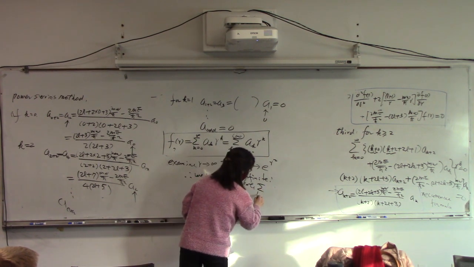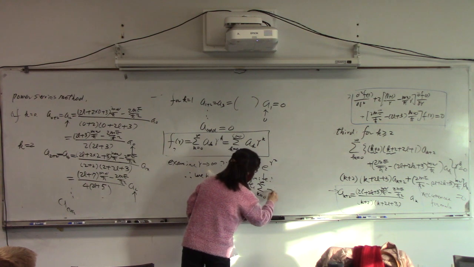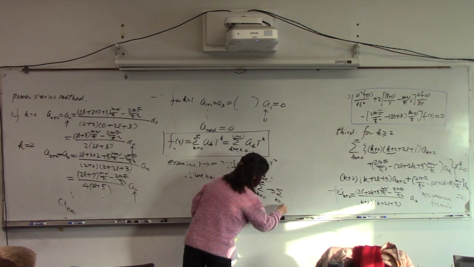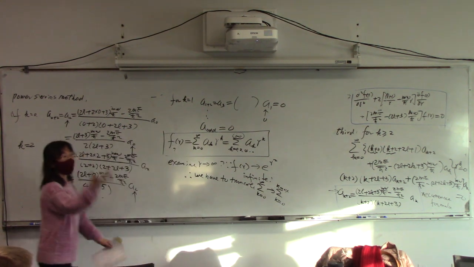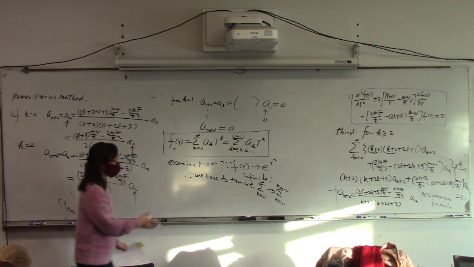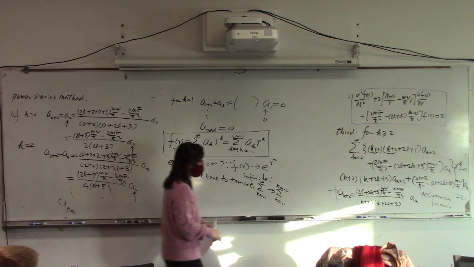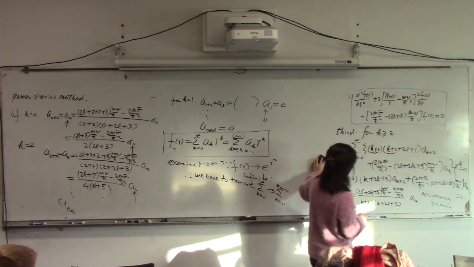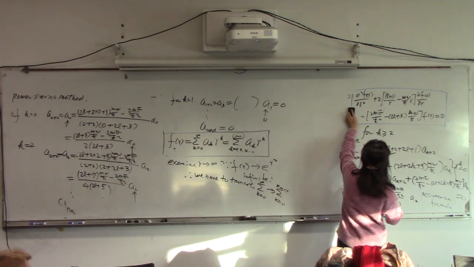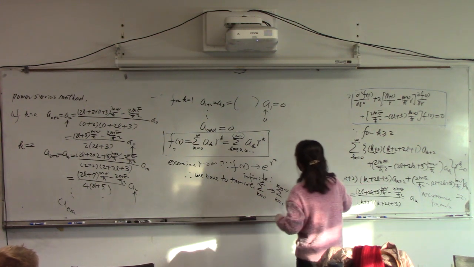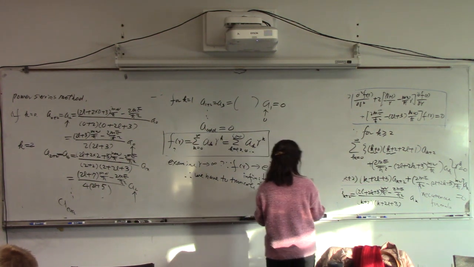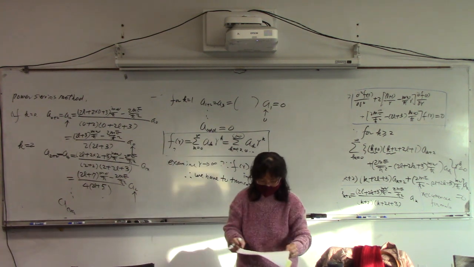Truncate is the summation k from 0 to infinity becoming k from 0 to some k maximum. It becomes a polynomial or finite series, not infinite. So that is the goal. All right, now we are going to find what is k maximum.